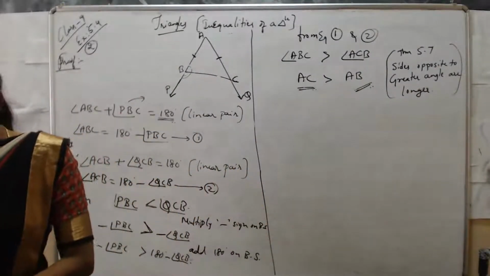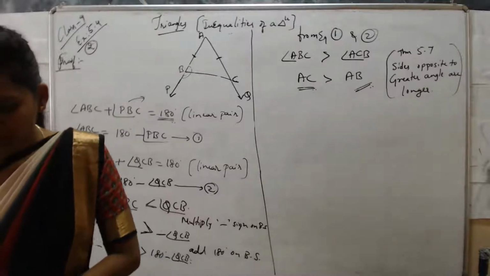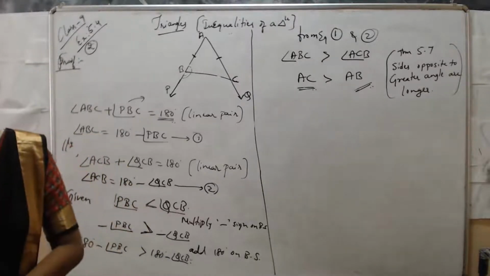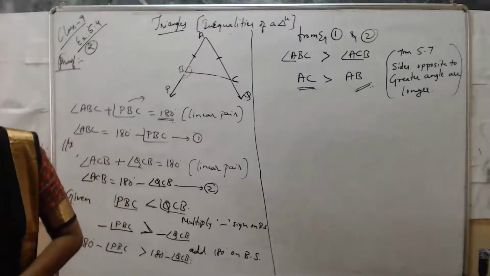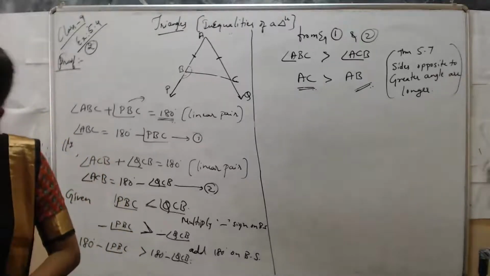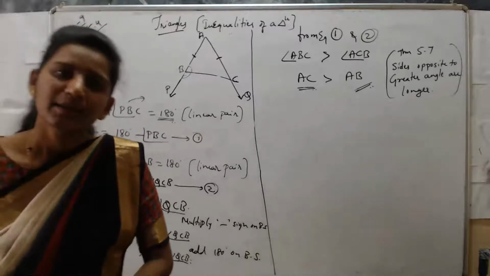Third question. This is also very easy. In figure 5.49, angle B is less than angle A and angle C is less than angle D. Show that AD is less than BC.